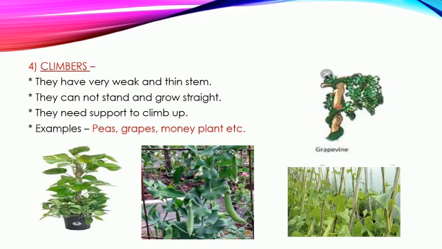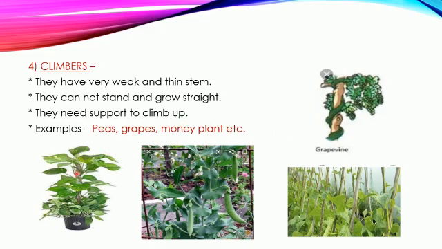If you see, you'll find that it has wrapped itself around a support, and with the help of this only it is growing upward. If there won't be any support, this plant won't be able to grow in the upward direction. It will fall down because its stem is very weak.